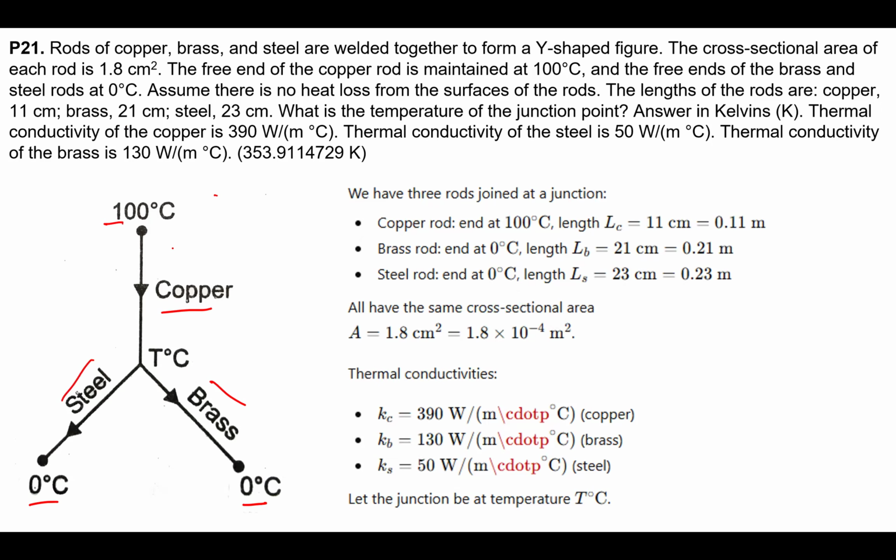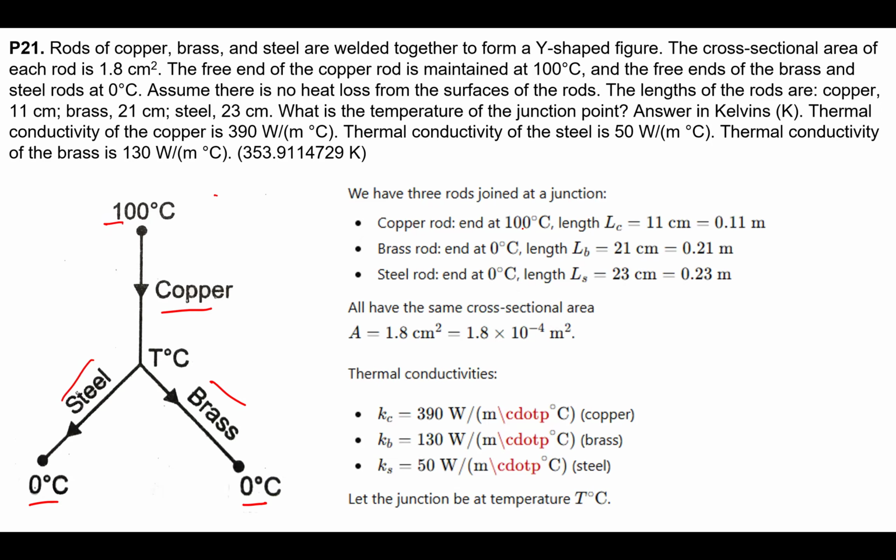What is going to happen is that heat will flow by conduction from the high temperature to the low temperature, as indicated by these arrows. But the problem here is that the three materials have different thermal conductivities and different lengths.